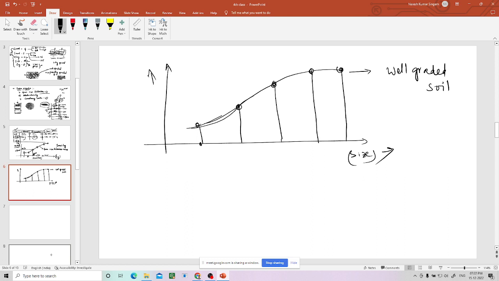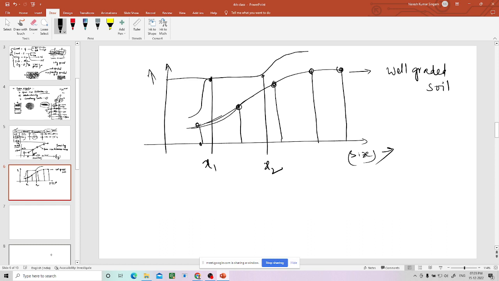Suppose if it is not the case, suppose the curve is going like this, then suddenly the curve is going like this, then the curve is going like this. Now what does this mean? I'll take two points, x1 and x2.